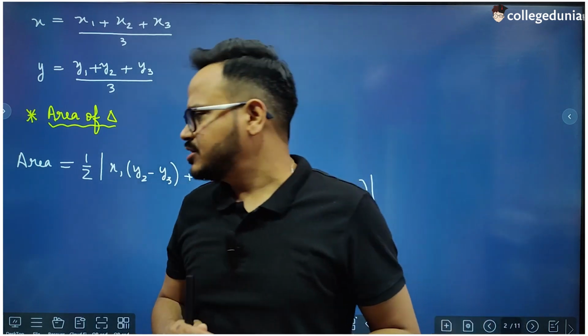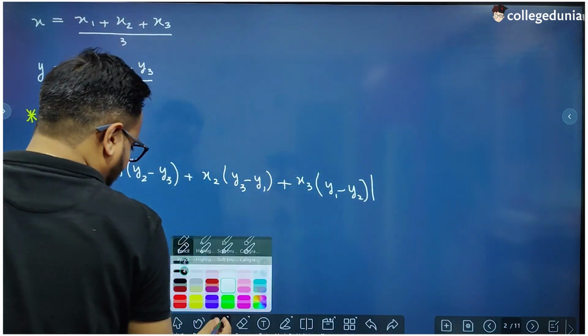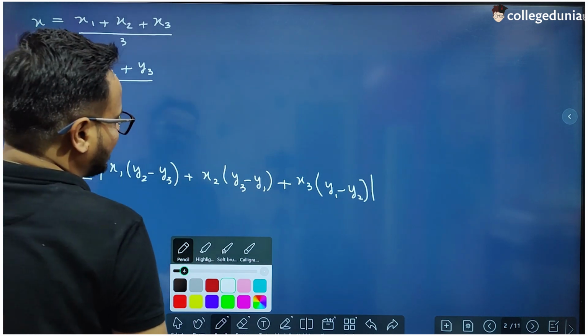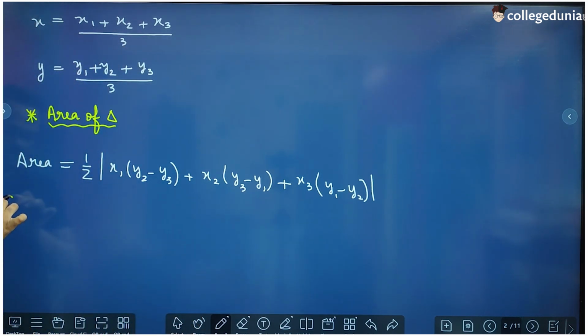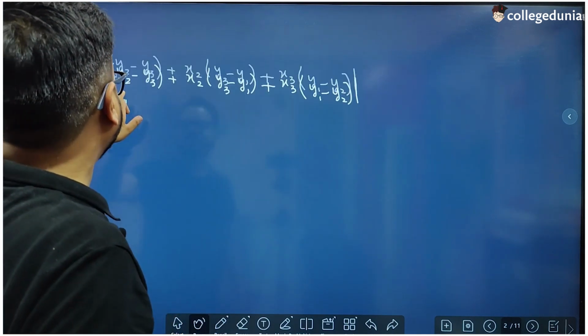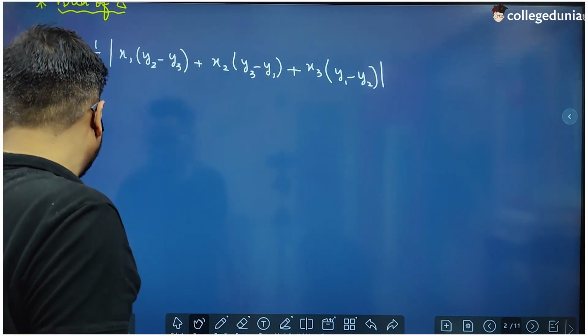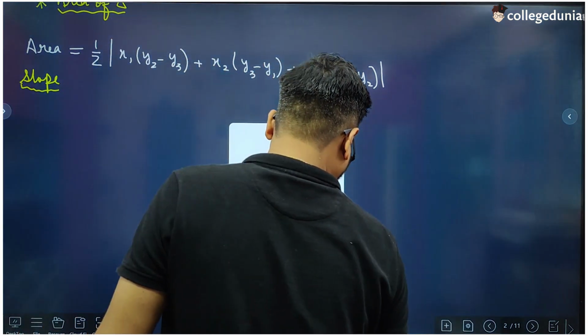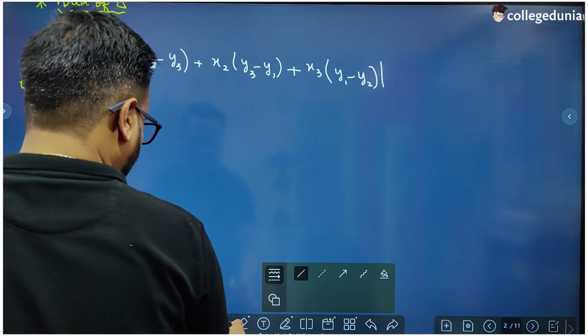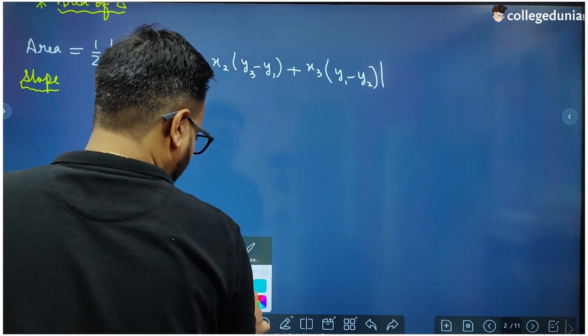Now let's come to the concepts of class 11th, and the most important thing in class 11th is the slope of a line. Slope. That is the most important thing, right? What is slope? Let us say we have a line.